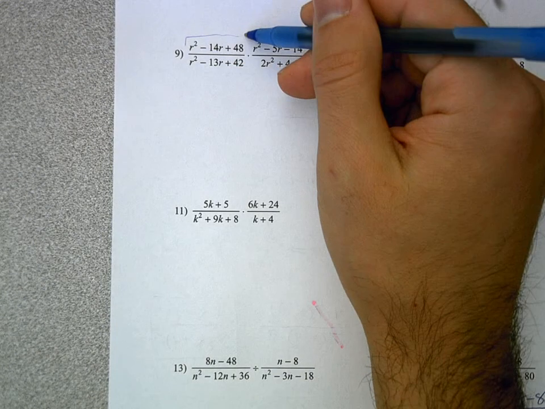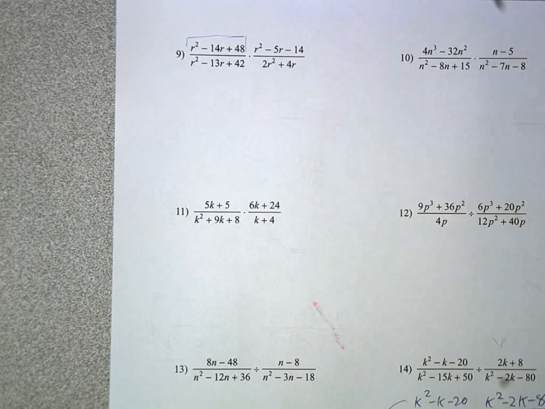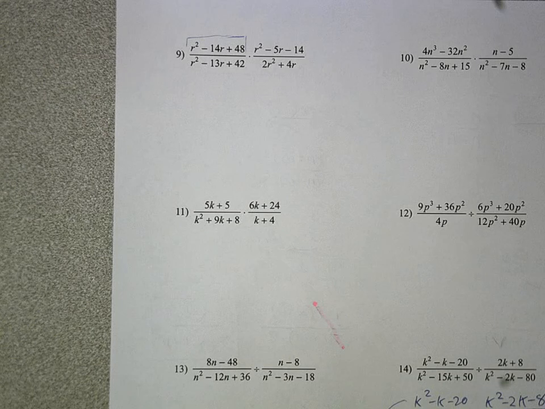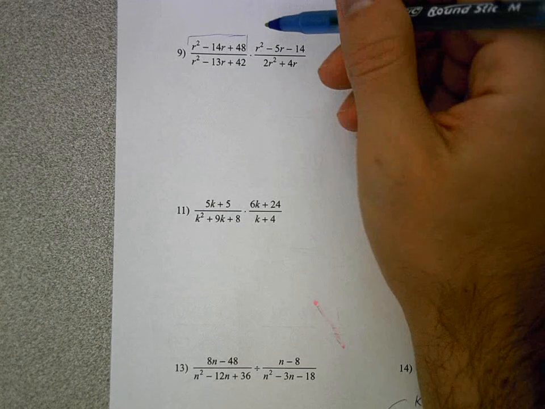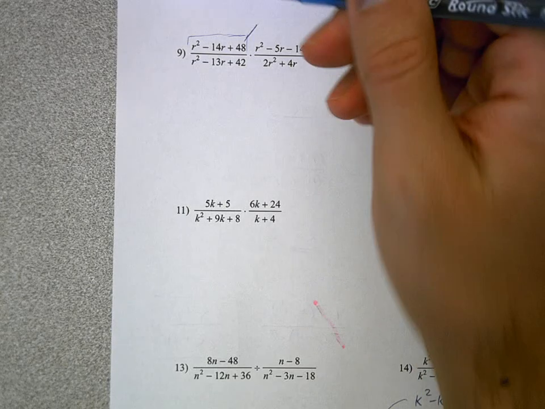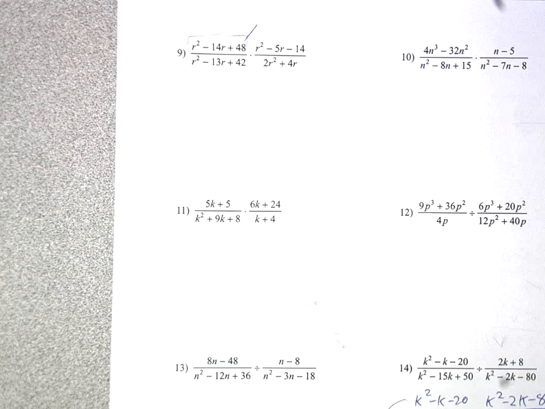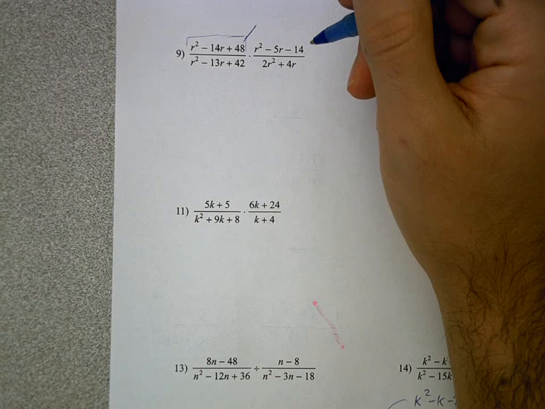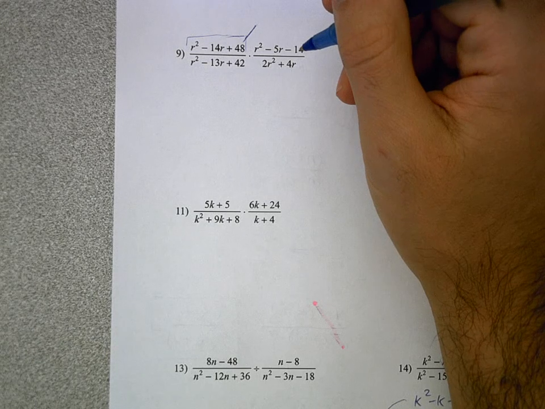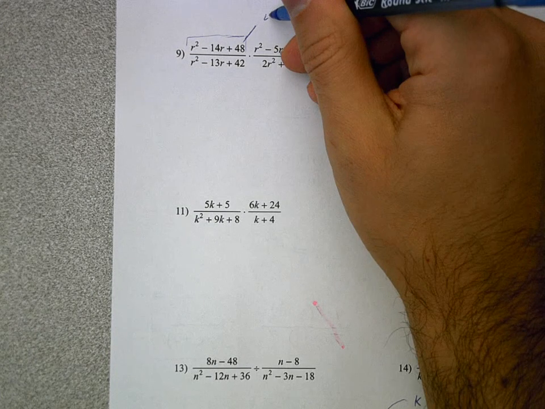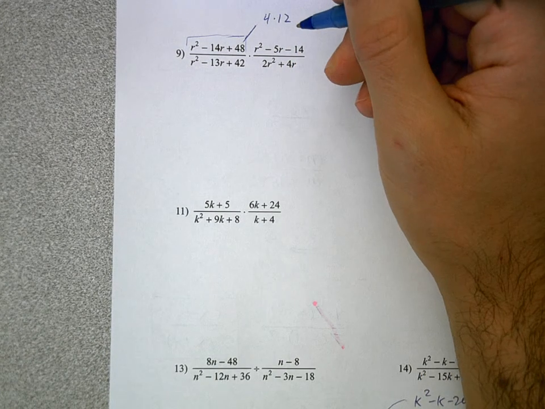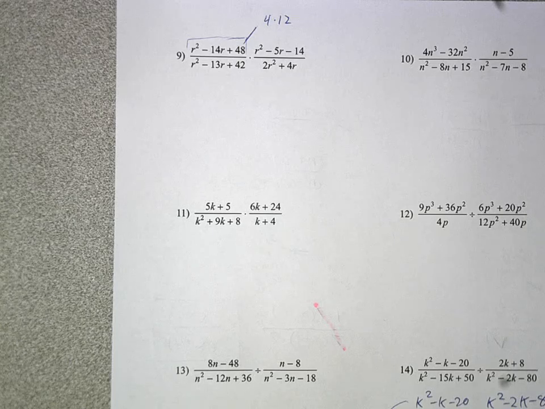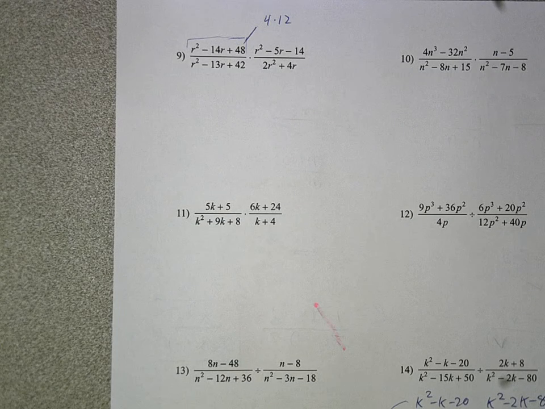Start with the top piece: r squared minus 14r plus 48. Alina, what do you think? Give me some ways to multiply to make 48. So 4 and 12. And then Kenji, can you give me another way to multiply to make 48?